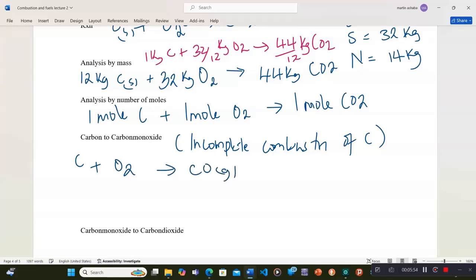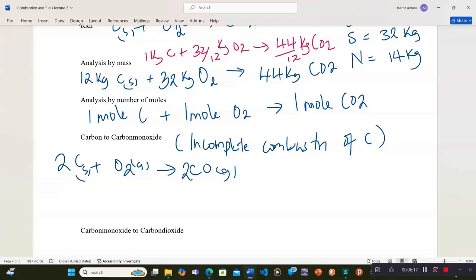This is a gas, this is a gas, and that is a solid. So how do we balance this equation? To balance it, I will need to balance oxygen first by putting 2 here, which imbalances carbon, and it will prompt me to put 2 here.